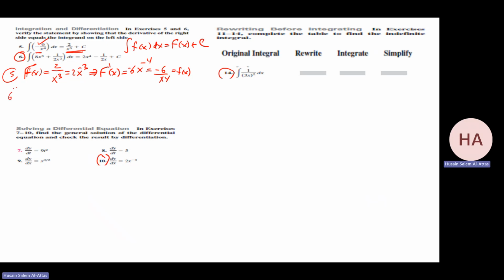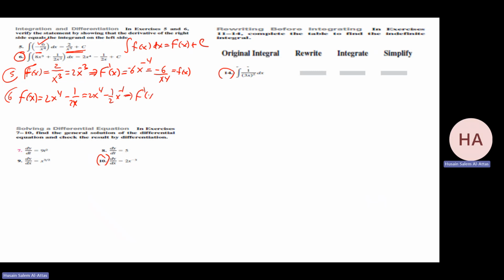Number 6, my capital F of x is this one, which is 2x to the power 4 without the c. I can write it as 2x to the power 4 minus half x to the power minus 1.